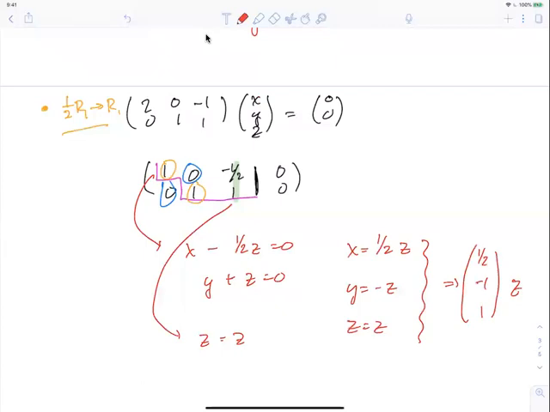This is not necessarily the solution to our problem, but I want to point out that this vector here is a line. It has one vector. That vector forms a basis for the line. So that vector that spans that line is a basis for a line. And this is the kernel to this matrix. It has nothing to do directly with our equation, but that's connecting some of the dots.